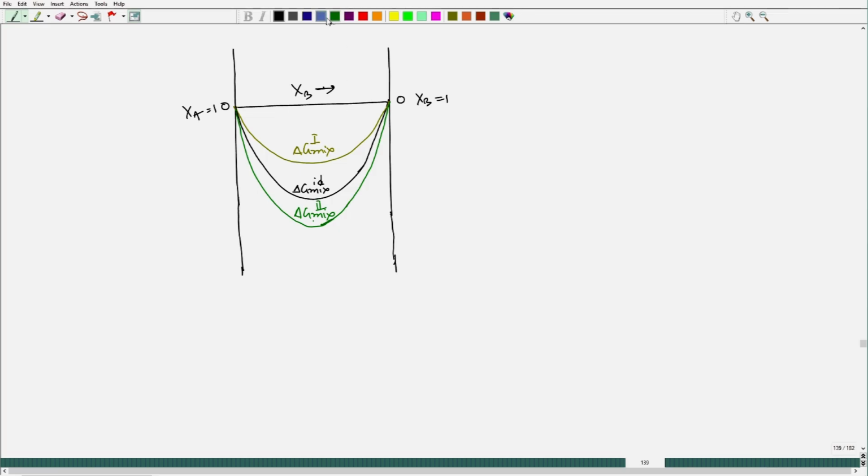So, let us say at this composition, I draw the tangent over delta G mix for all the 3 cases. So, here the tangent would go like this.